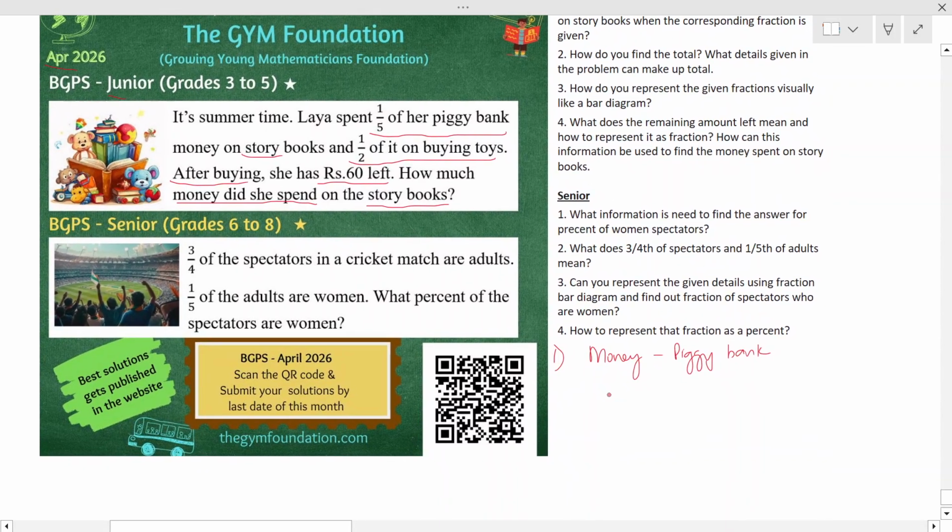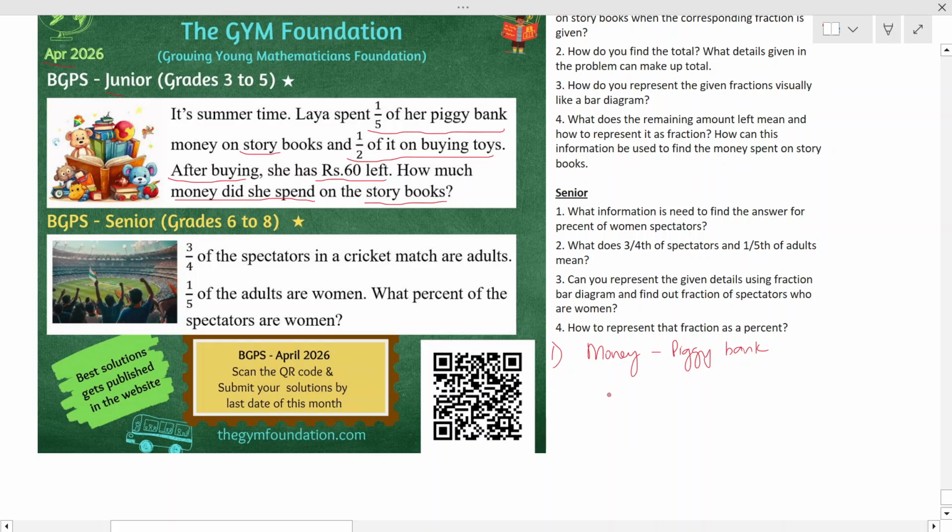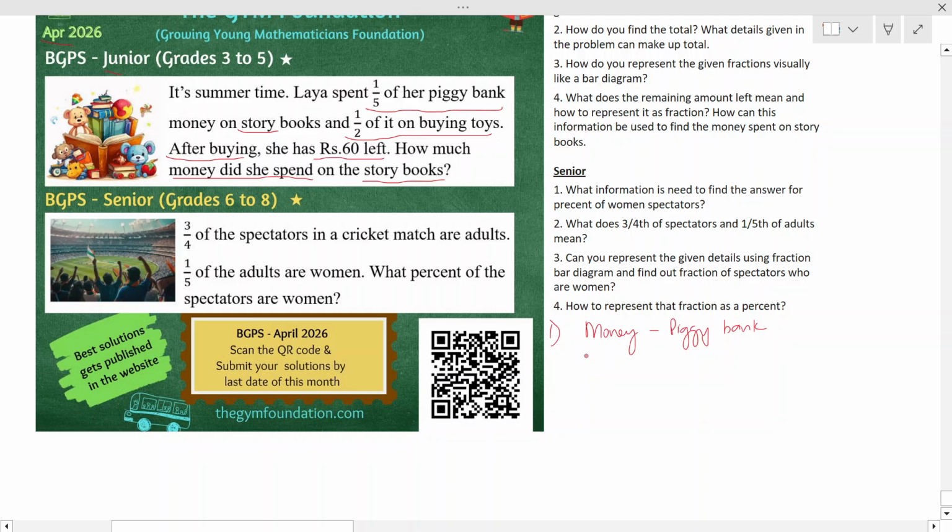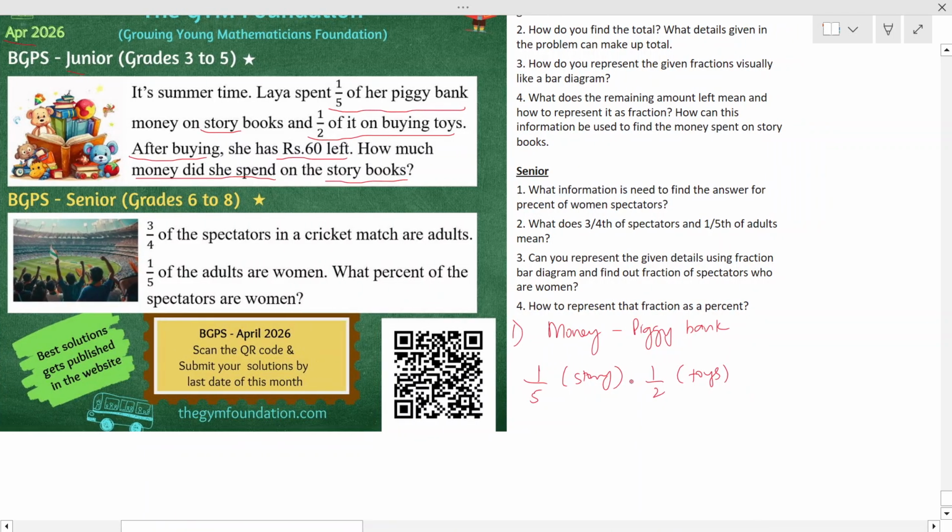And how to find the total money? What is the information given? In the total money, one-fifth she spent on storybooks, and one half is spent on toys. And after doing this, how can you tell? It is like an addition, right?